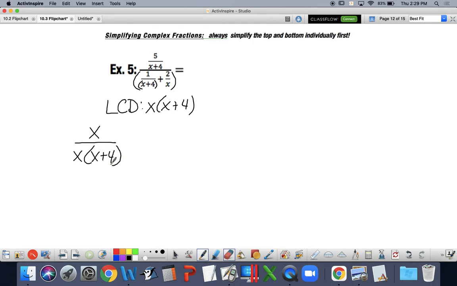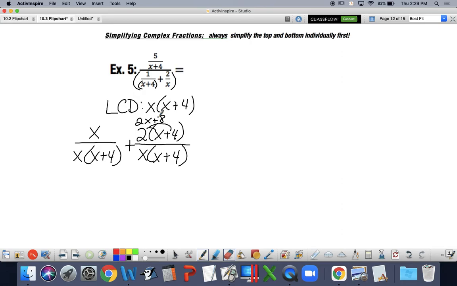So I add that in by multiplying by 1. I need to make sure I put it in both my numerator and my denominator. My next fraction is missing the x plus 4. So I've got to add that in. Now here, in my numerator, I've got a 2x plus 8.